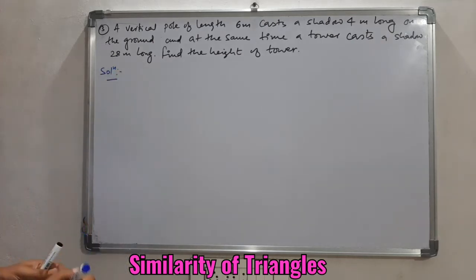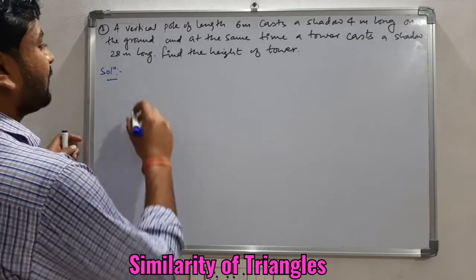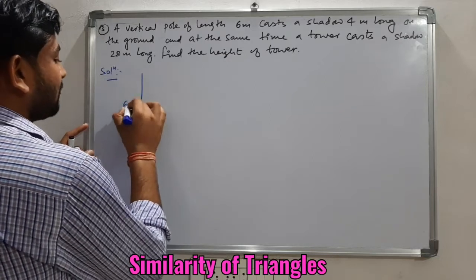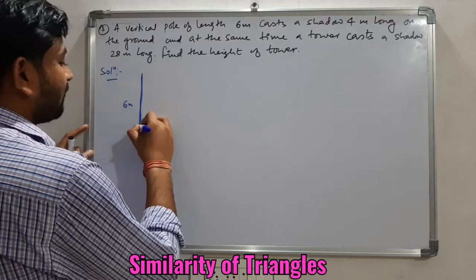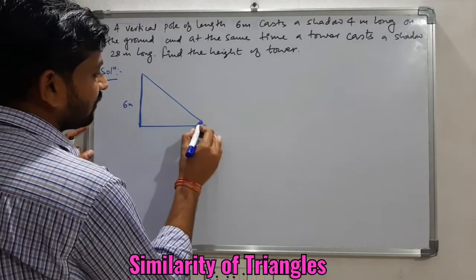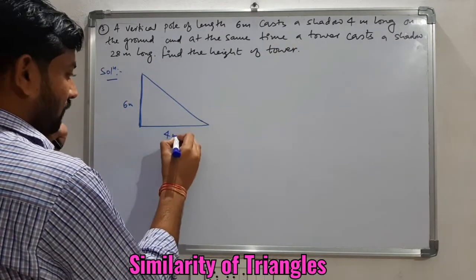Here the situation is similar to the previous question, but with two different triangles. We have a vertical pole and its length is 6 meters. Due to some light source, it is having some shadow over here on the ground, and its shadow is 4 meters long.